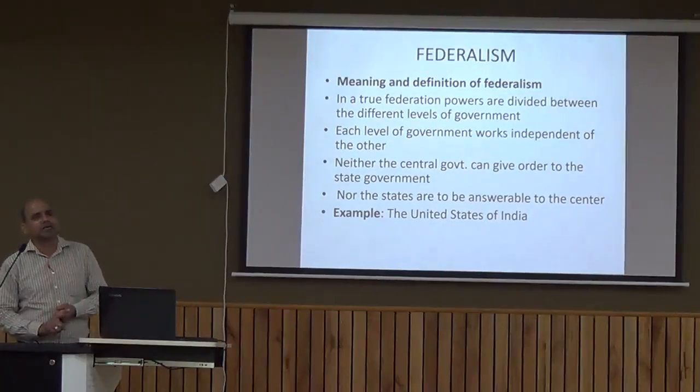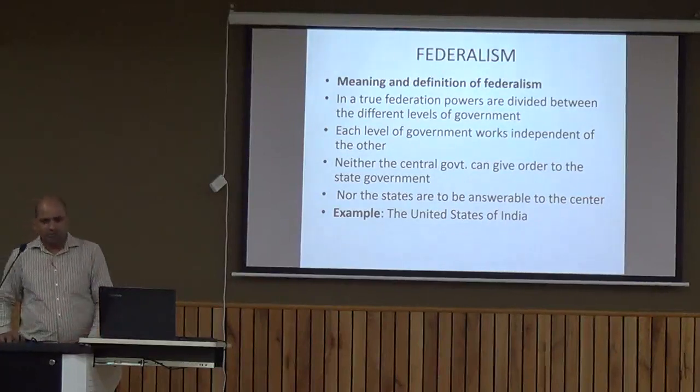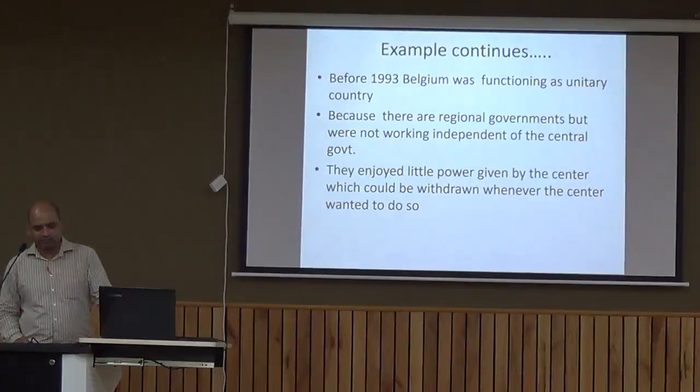It means this division of power between center and states, or any other levels of government, has to be constitutionally guaranteed, written down in a constitution. This kind of arrangement is known as a federal system.